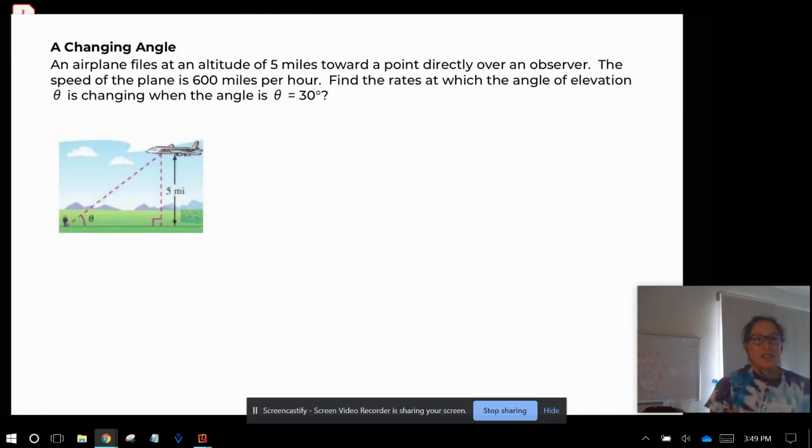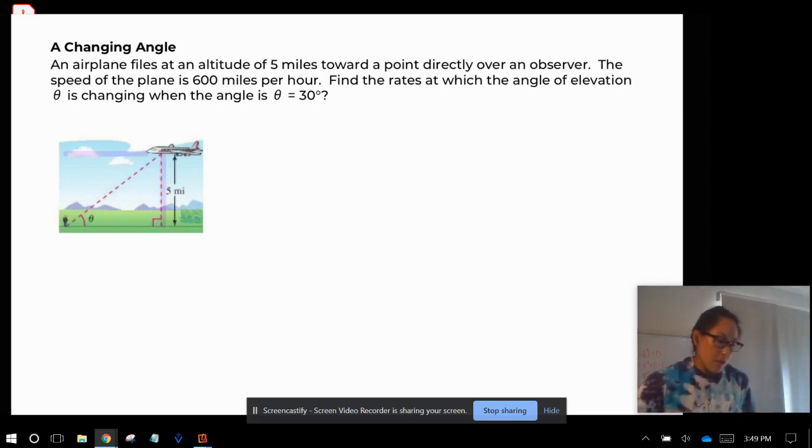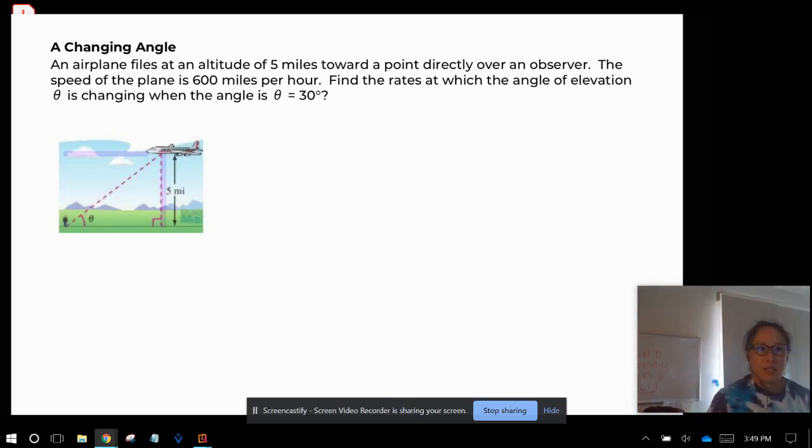Okay, changing angles. So this time the airplane is going to fly at an altitude of 5 miles. So it's going to stay at the height of 5 miles towards the point, like going over the observer. And the airplane is going at a speed of 600 miles per hour.